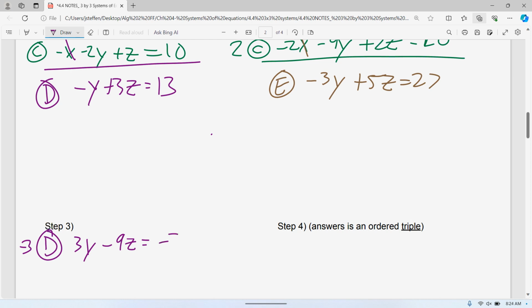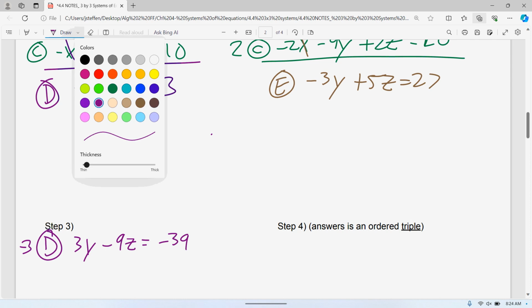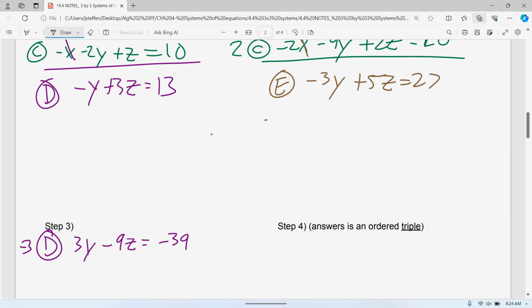Negative 39. Since I just multiplied by a negative, it's positive, turn it into a negative, that should turn into a negative. So that, at least your signs are good. Combine that with my equation. Negative 3, I didn't do anything with this equation. 5z is equal to 27.